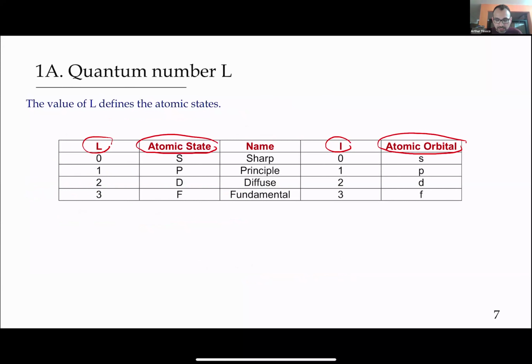So L equals 0 is the state capital S, 1 is the state capital P, 2 is the state capital D, 3 is the state capital F. These names S, P, D, and F refer to sharp, principal, diffuse, fundamental, if you wanted to know where that came from. Whereas for lowercase l, 0 is the s orbital, 1 refers to the p orbital, 2 the d orbital, 3 the f orbital. That's just a refresher of what little l represents in terms of the orbitals.